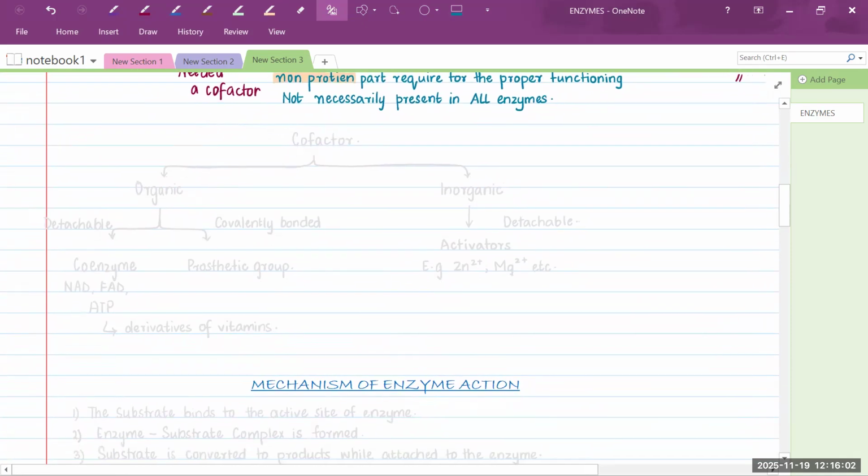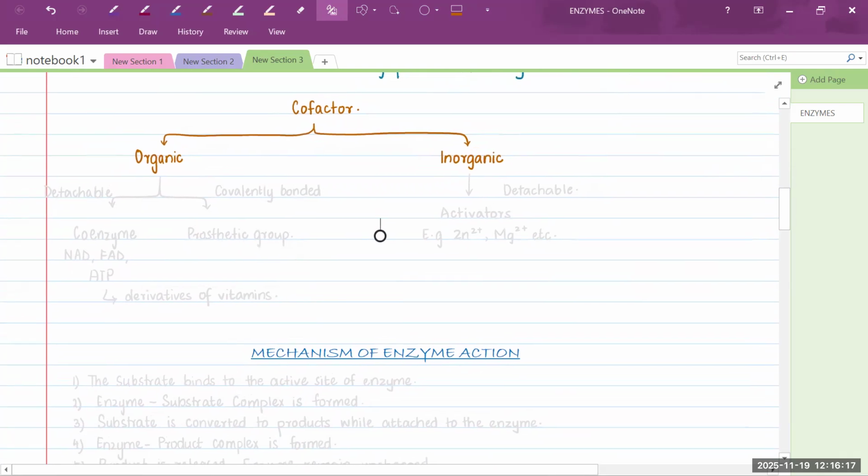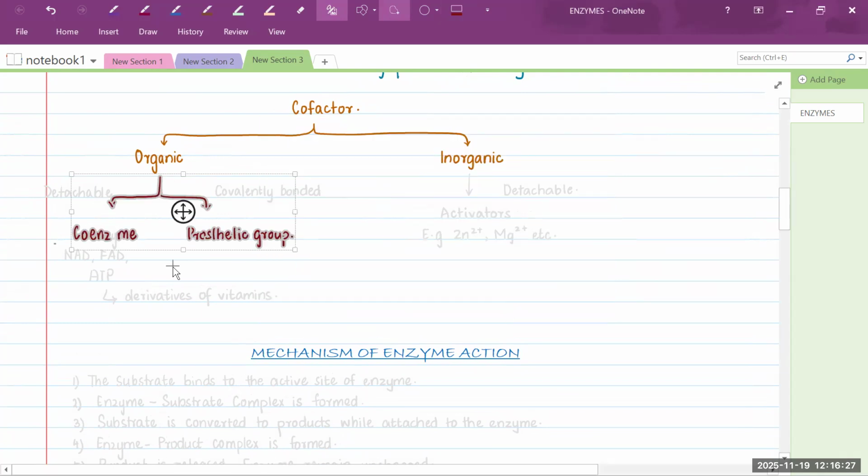Moving on, we need to categorize the cofactors. There are two types of cofactors: organic cofactors and inorganic cofactors. For organic cofactors, we have another two types: the coenzyme and the prosthetic group.